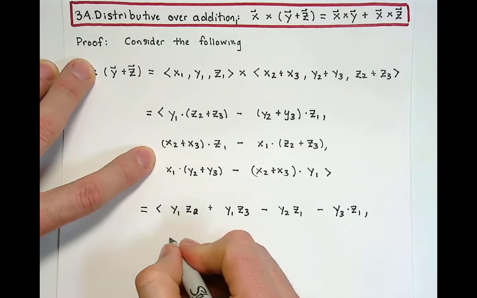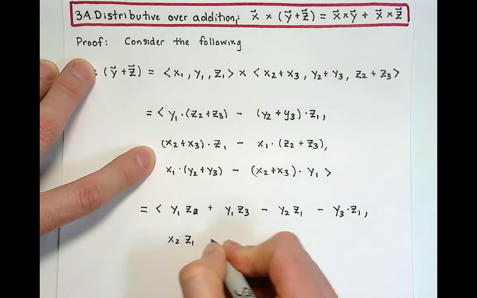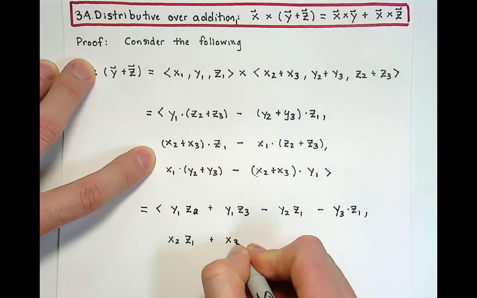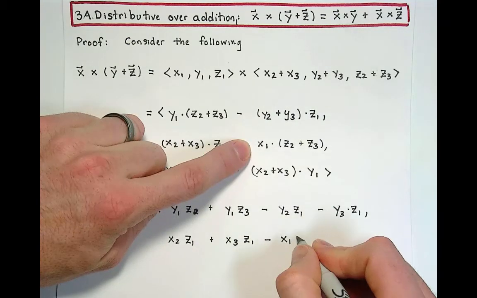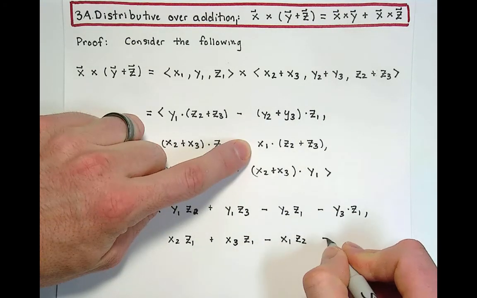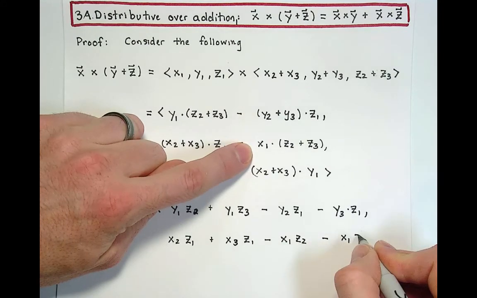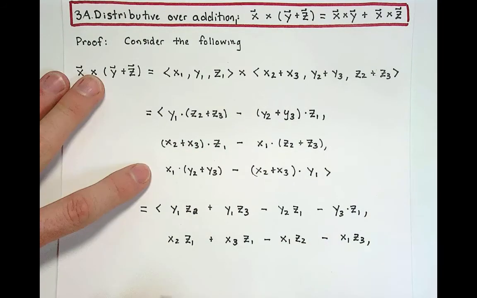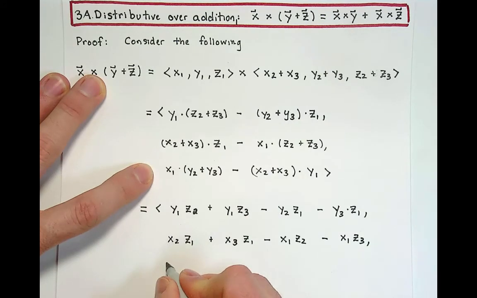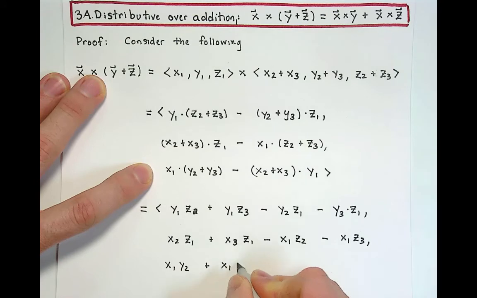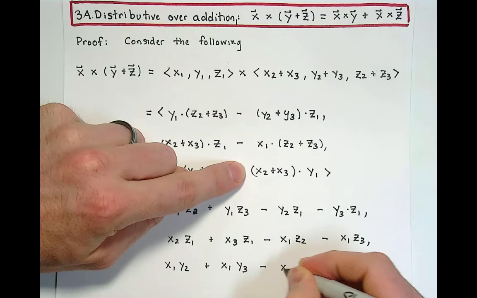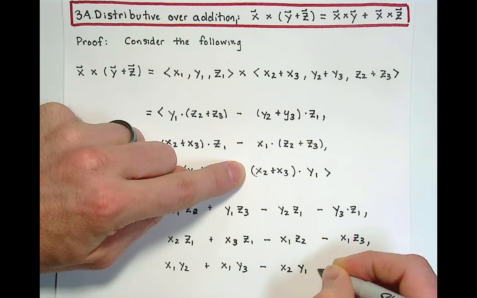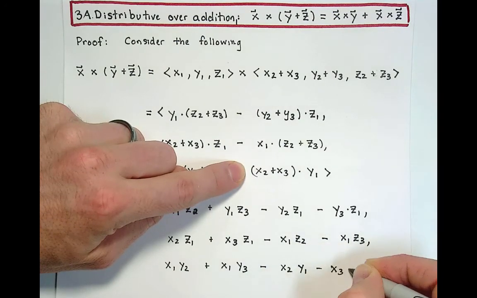Here we would have x2z1 plus x3z1, and then we subtract away from that x1z2 and also x1z3. And then finally we have x1y2 plus x1y3, and then we also would have minus x2y1 minus x3y1.